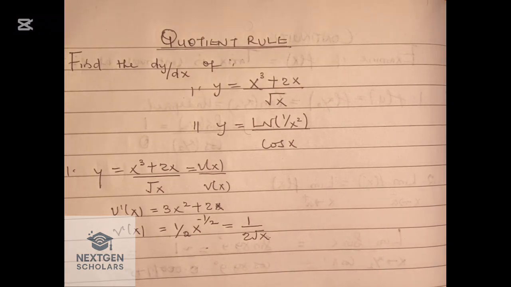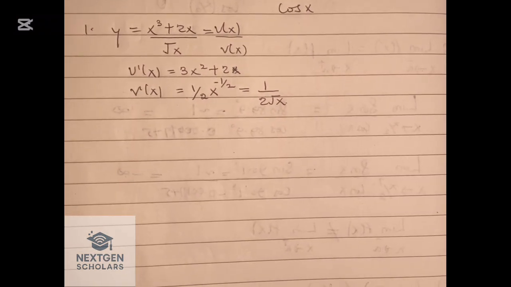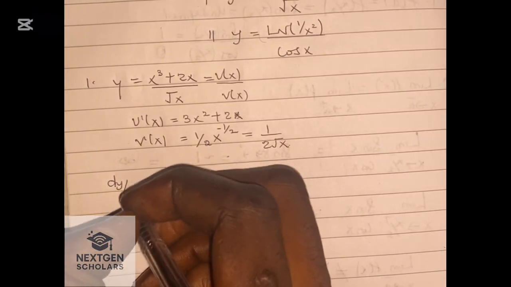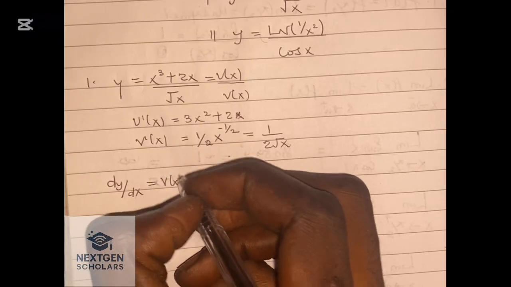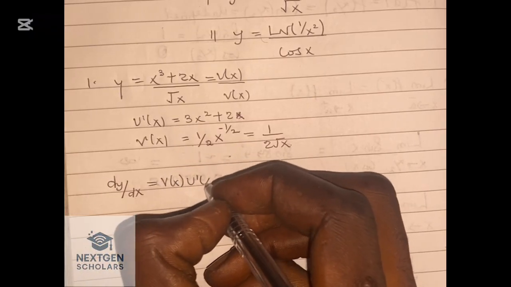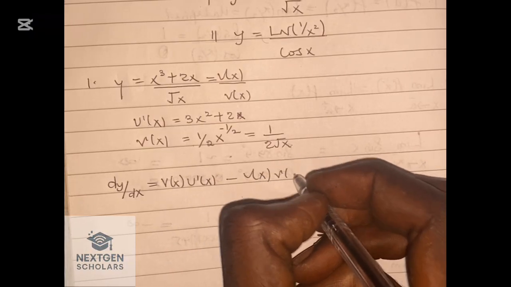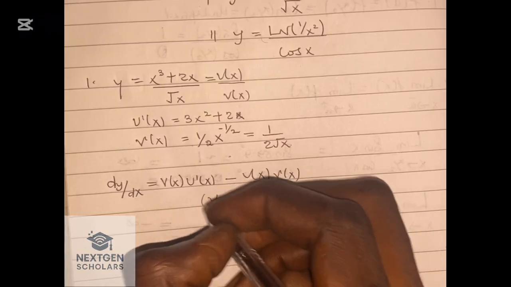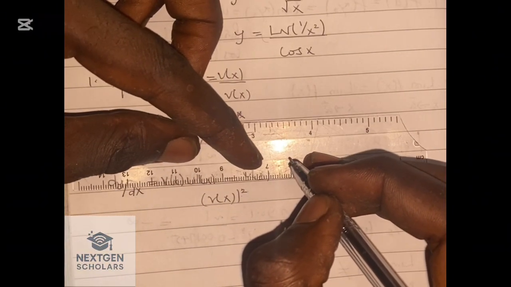So let us compute our quotient rule and see what we get. The quotient rule says that dy/dx is equal to v of x times u prime of x, minus u of x times v prime of x, all over the square of the v, not v prime, the square of the v.